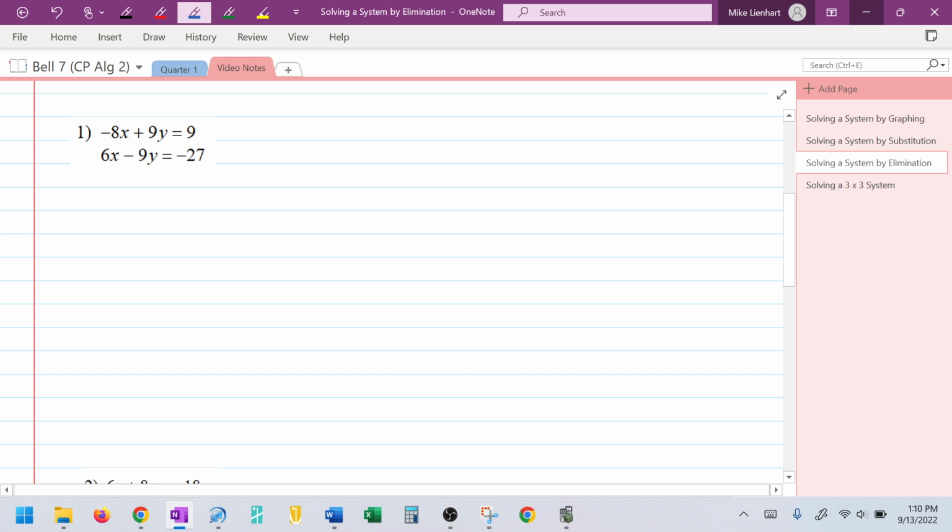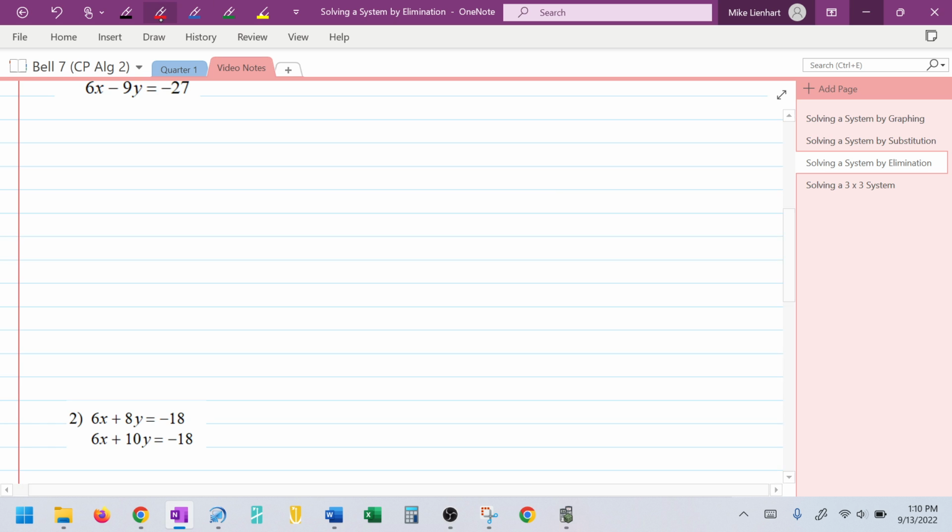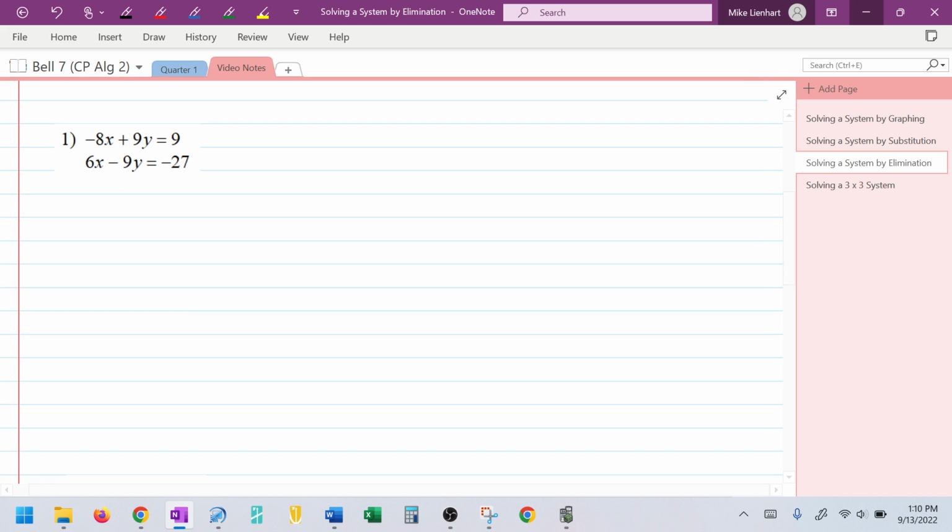This 9 and this -9 are opposites. So because they're opposites, I smash these two equations together, these two opposites will cancel, leaving me with -2x is equal to -18.